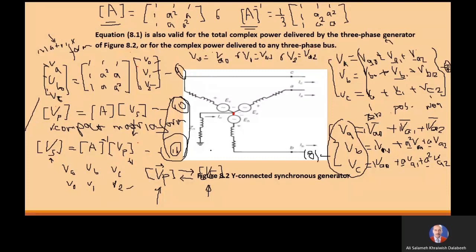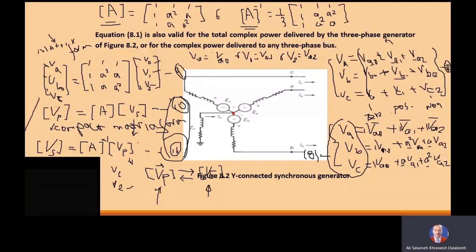Because in the unsymmetrical system, the first step, we replace this system by three systems. So we are going to do our analysis in the sequence domain. We use the sequence quantities of voltages and of currents.